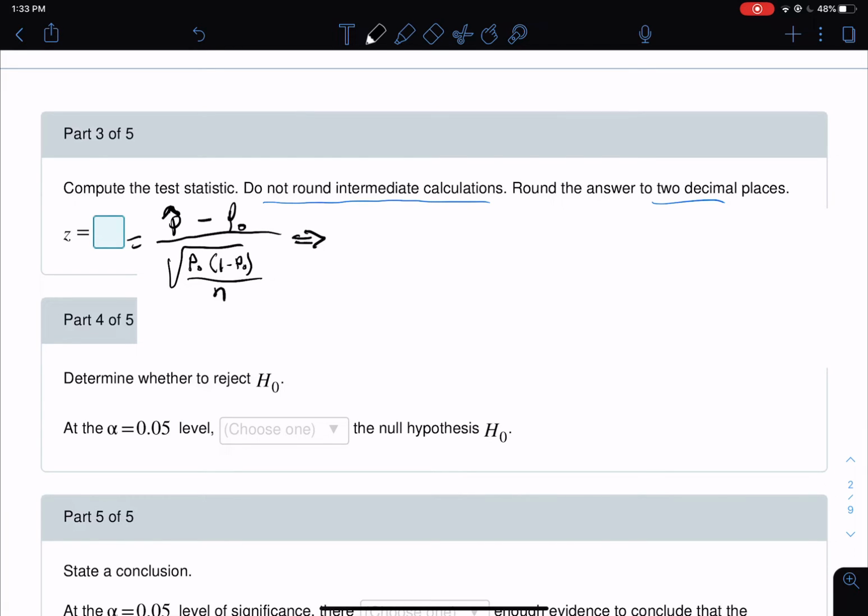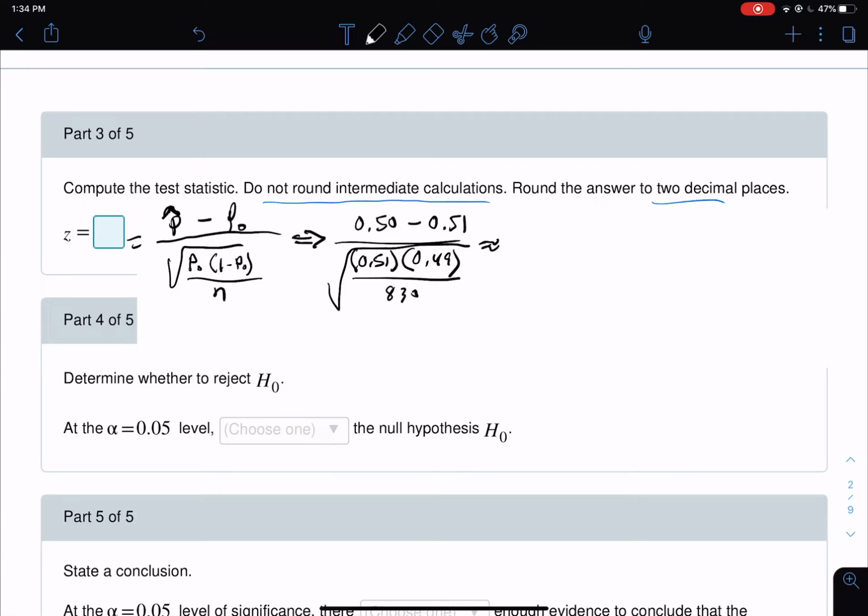Okay, let's see what we got here. Putting in all these values, we've got 0.50, which was that sample proportion, and then the population proportion, 0.51. Then we've got our population proportion, 0.51, times its complement, 0.49, divided by the sample size, which was 830, and you take the square root of that.